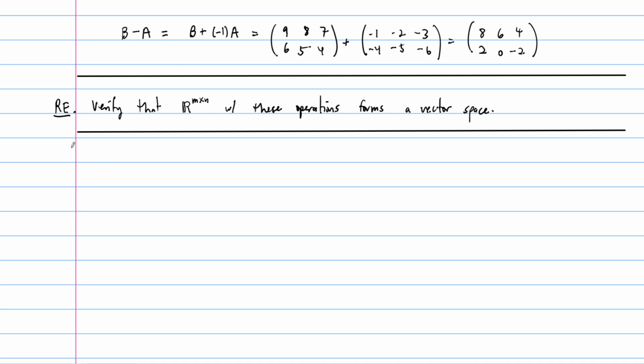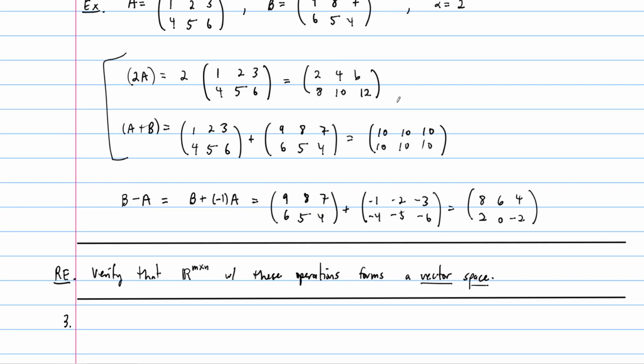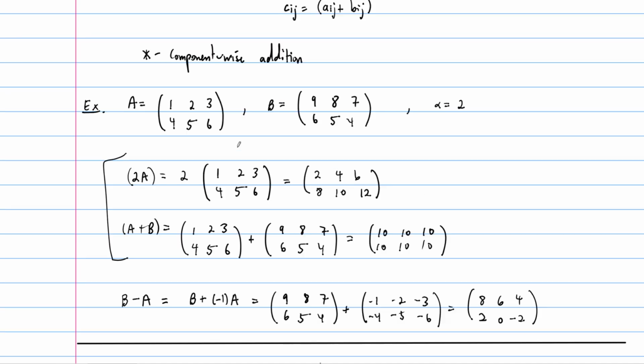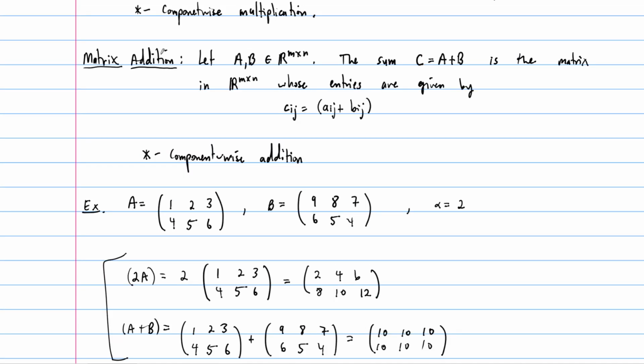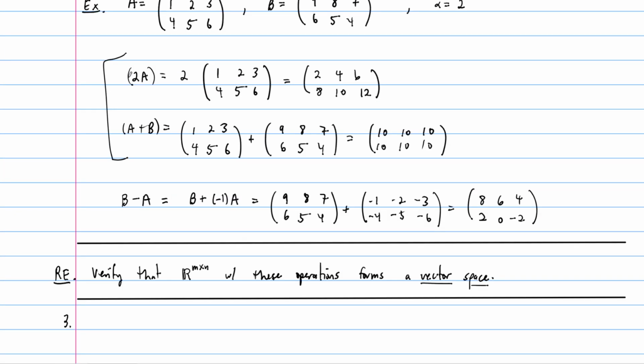All right. But let's now go to something that is not encompassed in the vector space definition. Remember, in a vector space, we always have these operations of scalar multiplication and what's called vector addition. In this case, we'll call it matrix addition. But what we cannot do in a vector space is multiply two vectors together.